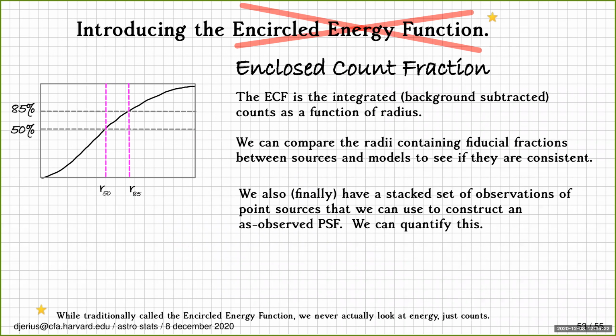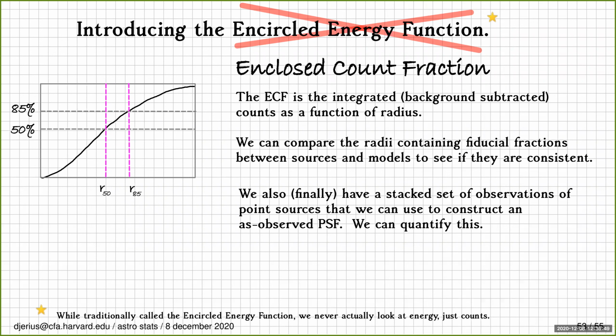Traditionally, this has been called the encircled energy function, but it doesn't actually measure energy. It actually measures how many counts you have inside of a region. And typically it's a circle, but it doesn't need to be. For instance, over the years, we've played with using ellipses. So there goes encircled. So I like to call it the enclosed count fraction. What it is essentially is an integration of the counts.